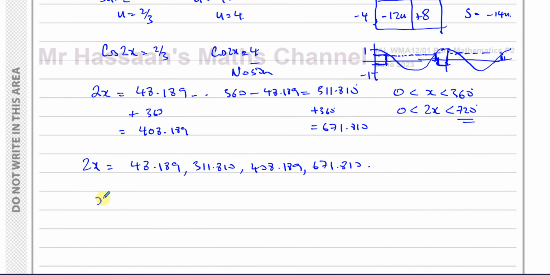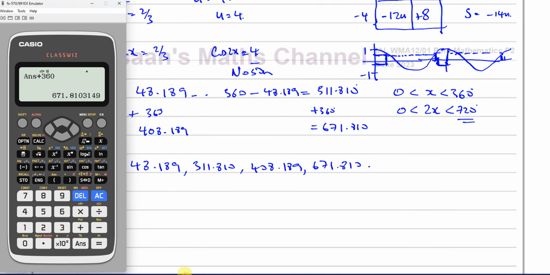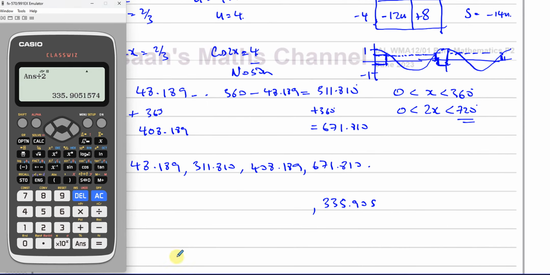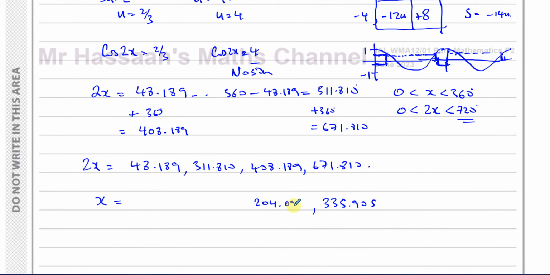So we now want to take all of these angles and divide them by 2. Let's start with this one, 671.810. Divided by 2, that gives us 335.905. Then the angle 408.189, which is 360 plus the original answer. Divide that by 2, and that gives us 204.095.